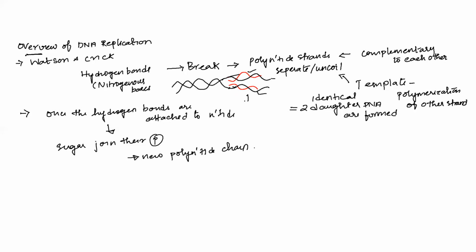So this kind of replication is usually known as semi-conservative. Why is it called semi-conservative?